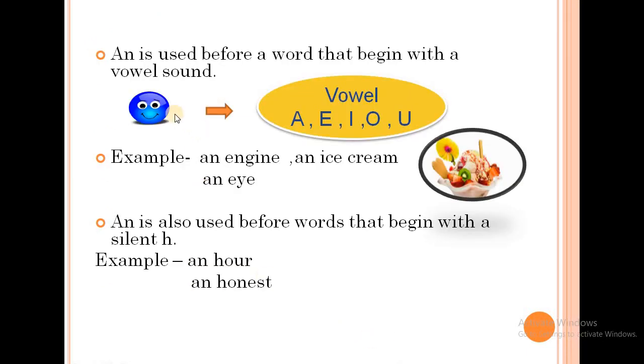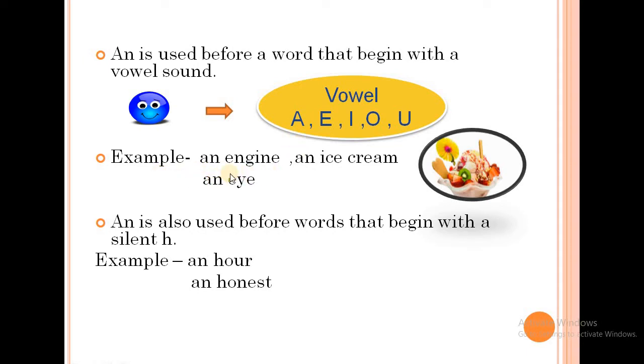Now an is used before a word that begins with a vowel sound. Here vowels are there, right? A, E, I, O, U. So for a word that begins with this letter or sound, that vowel sound, before that word we are using article an.